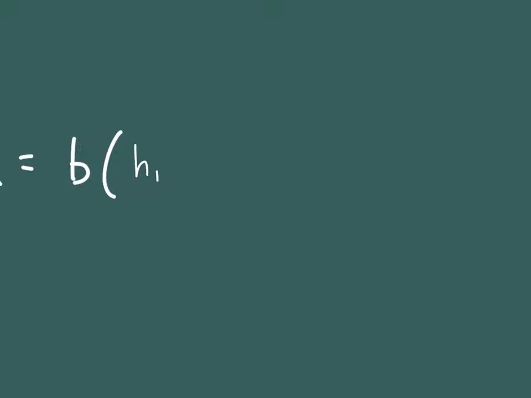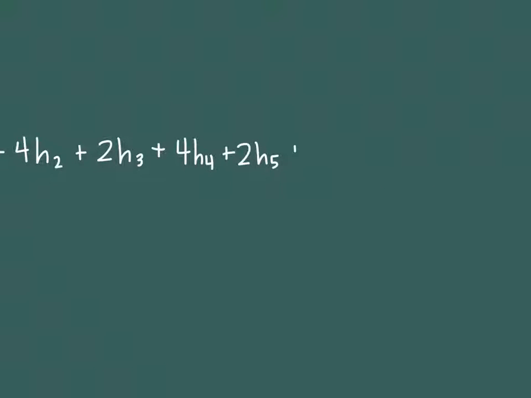It's h1 plus 4 of the second ones plus 2 of the thirds, and you do it all at the same time, plus 4 of the fourths, plus 2 of the fifths, etc. It just keeps going 4, 2, 4, 2, 4, 2, until you get to the end.